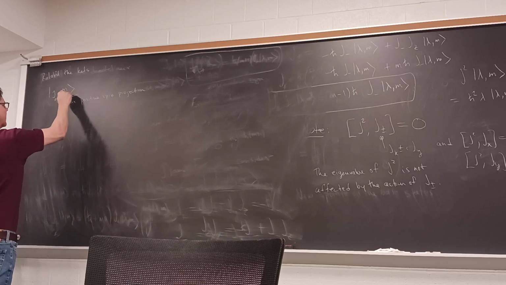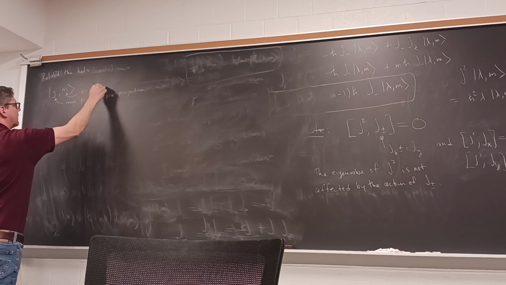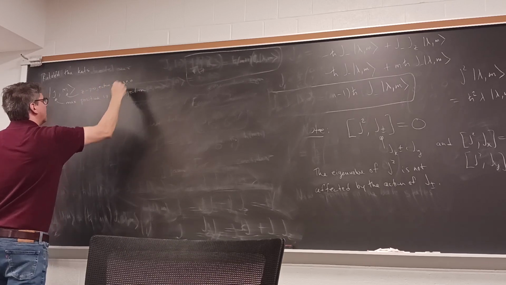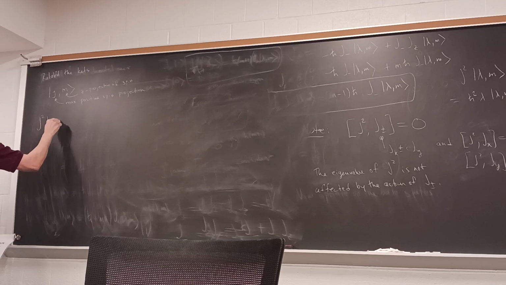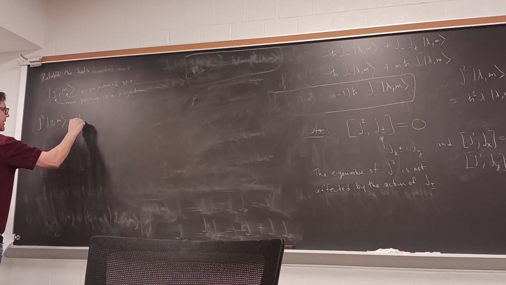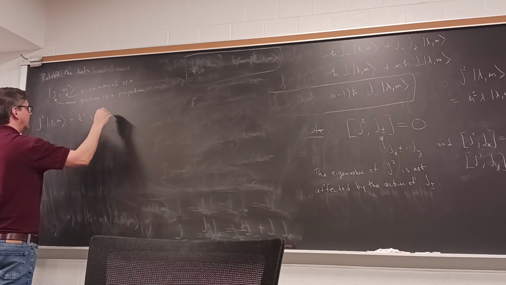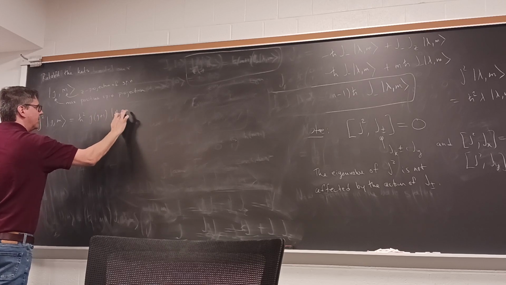And m again is just the z projection of the spin. So now we have J squared acting on jm gives us h bar squared j times j plus 1 jm.